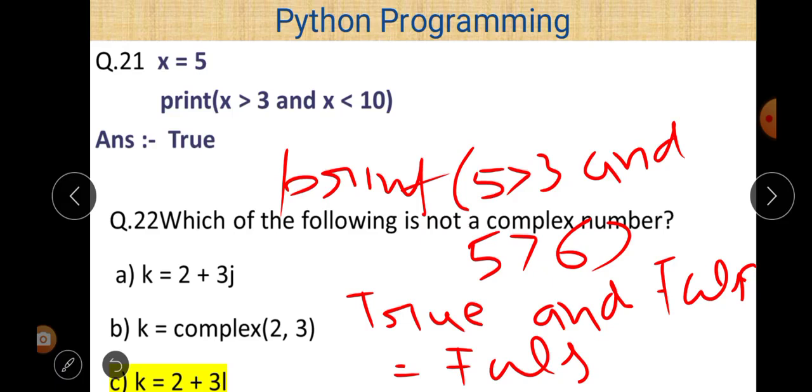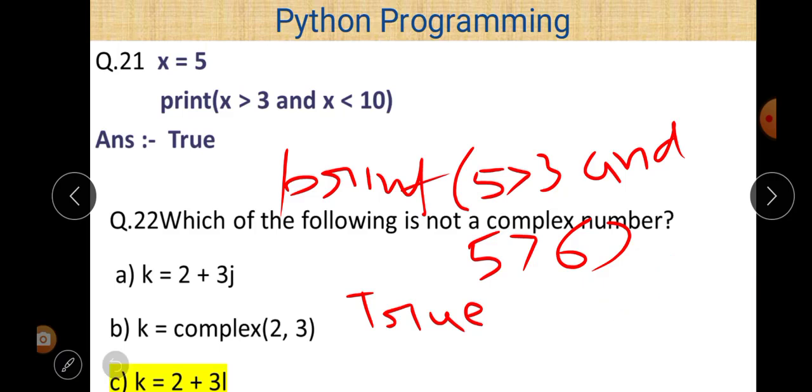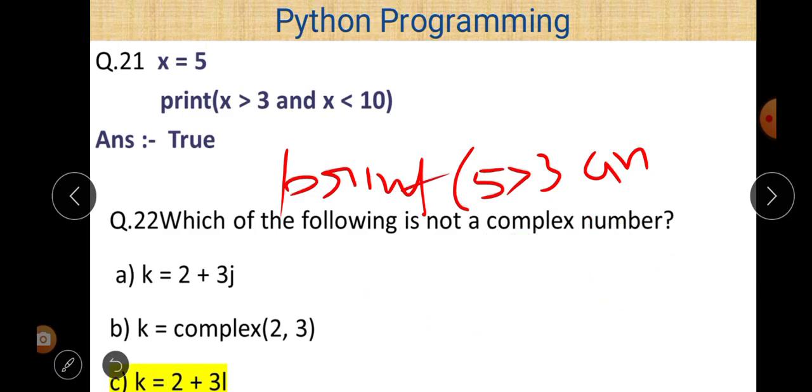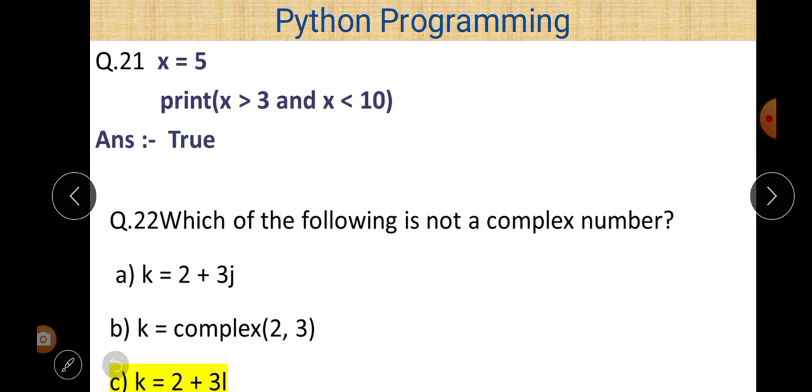Okay, and as far as OR is concerned, OR is just opposite to AND operator. When at least one condition is found to be true, at least means minimum one condition, then answer is true. And when all conditions are found to be false, then our answer is false.